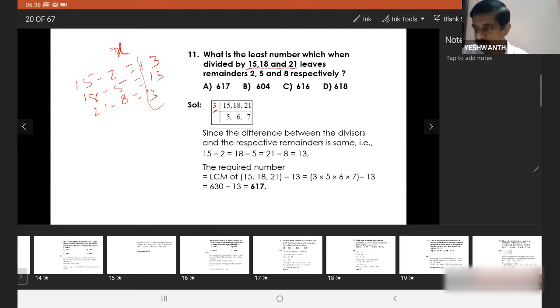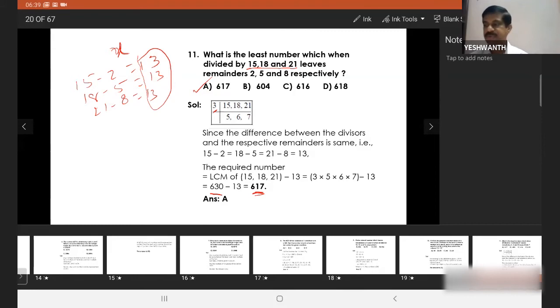The common difference we got is 13. So if you substitute, you'll get the number. So the LCM of 15, 18, 21 is 630. Minus that 13 will give you 617. So therefore the number is 617, which is option A. Same problem we did there, children. So please remember the model. This appears to be a new model, which you all might not have tried before.